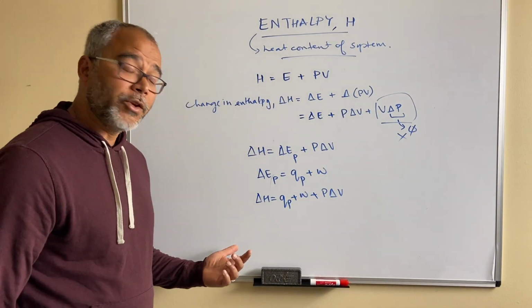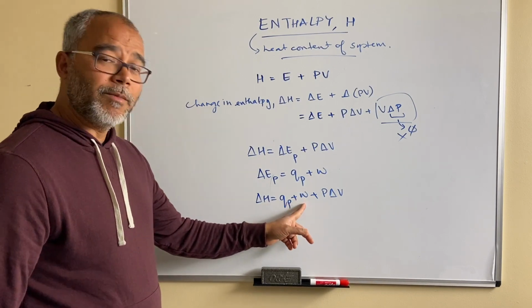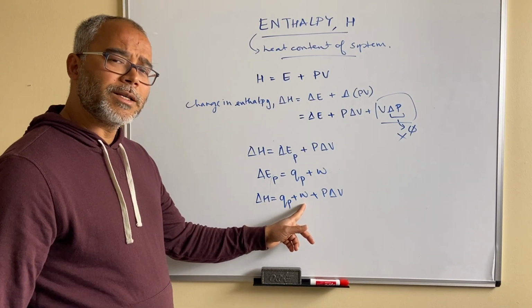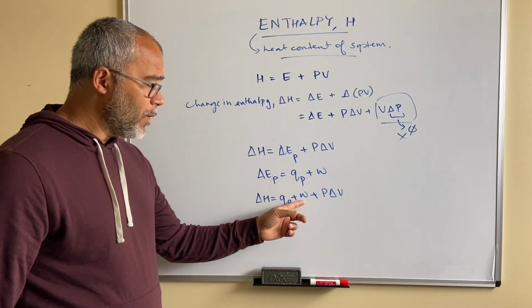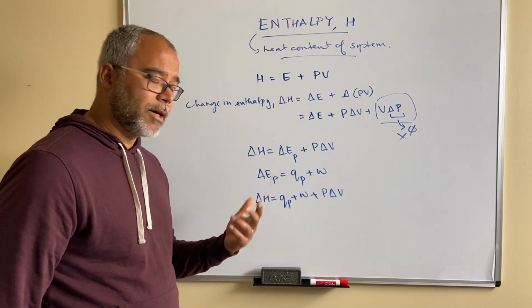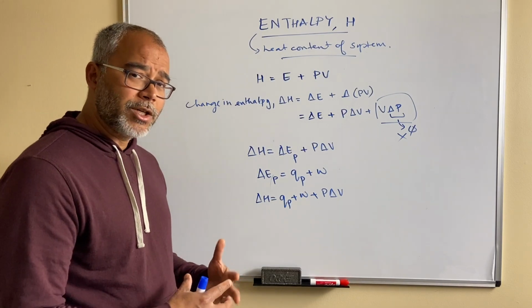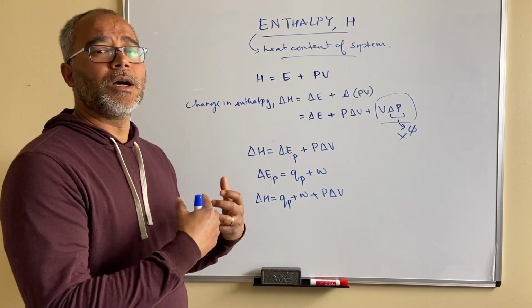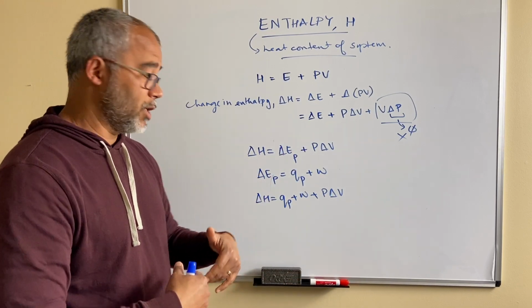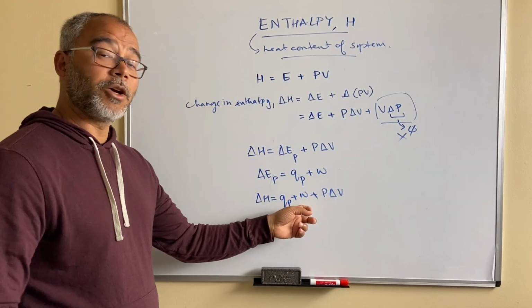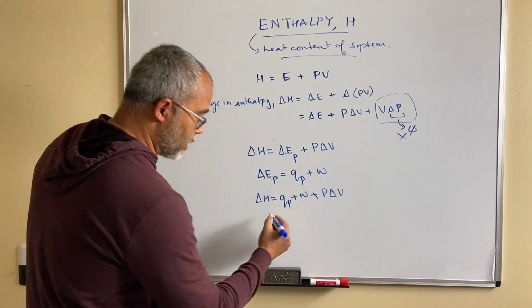Now we can take a look at the W and try to understand whether the work is a negative or positive quantity. Most chemical reactions actually do work on the surroundings, which means they lose energy as a result. Therefore this work, because it's a loss, is a negative quantity.